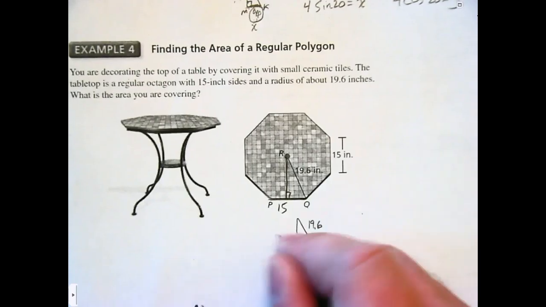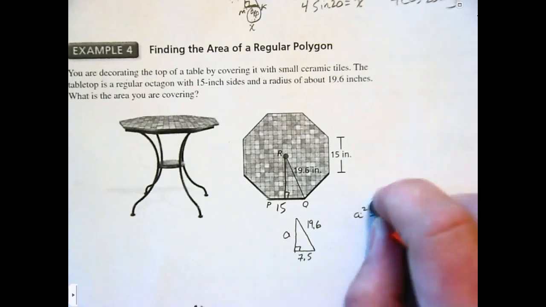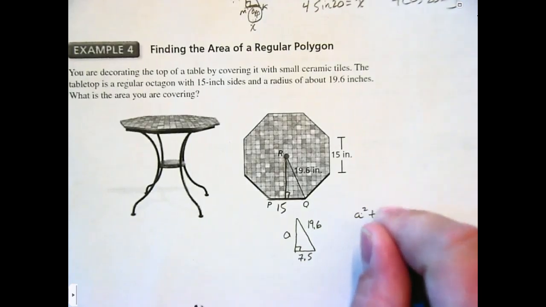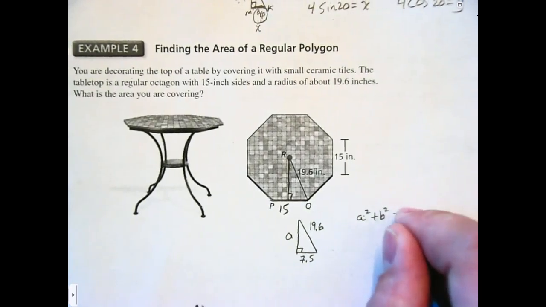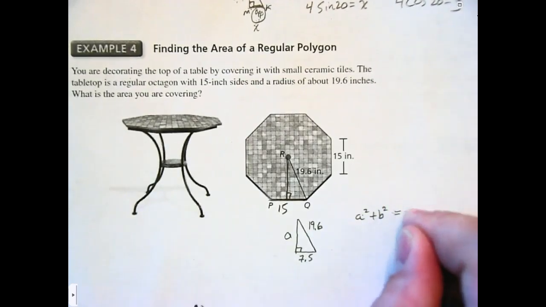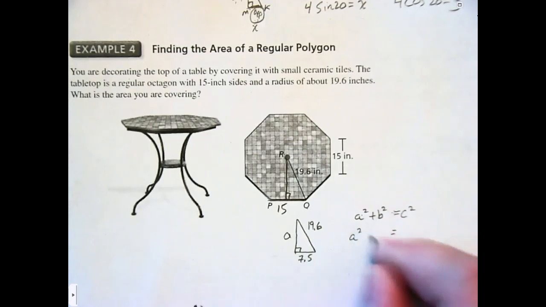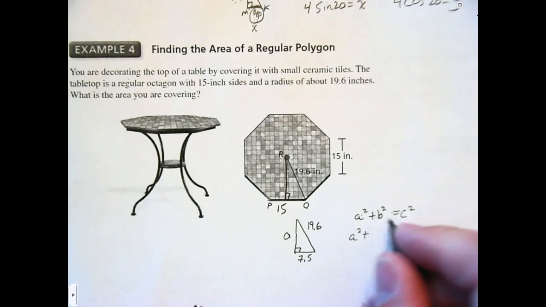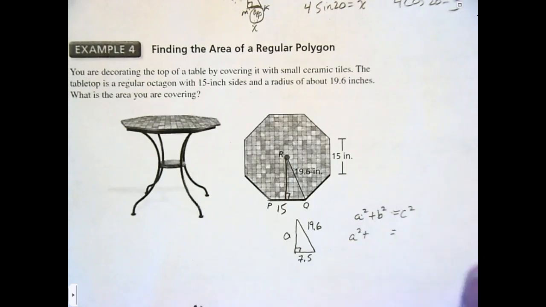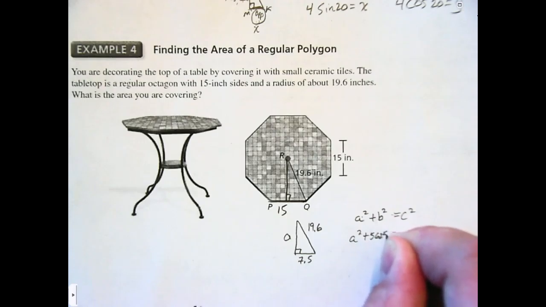To find your apothem, you'd have a squared plus b squared equals c squared. And we have a squared plus, what is that, 70, so 5625.